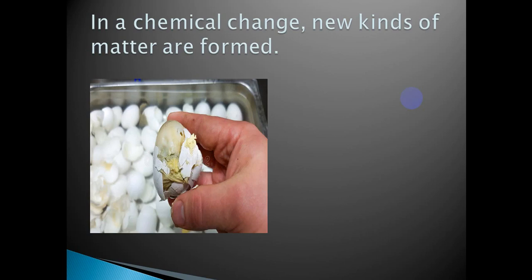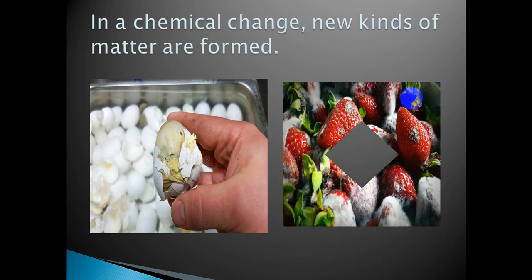How does this happen? Have you ever seen this? It's disgusting. Can we eat an egg like this? Can we eat these strawberries? Of course not. Why? Because new matter, which is not good, not healthy, not tasty, formed here, and we cannot move it back as it was.